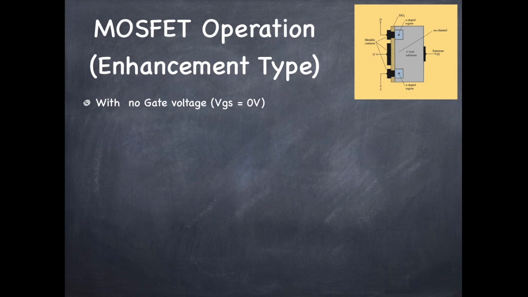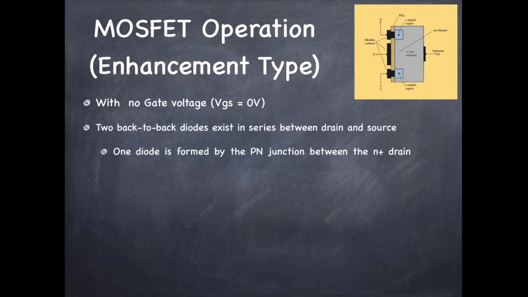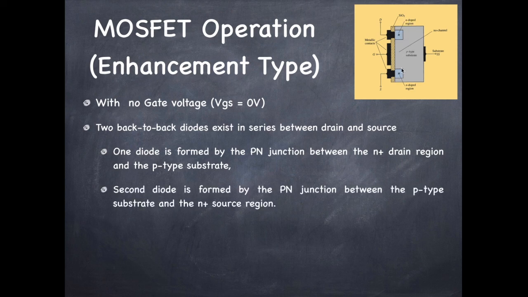With no gate voltage applied, we have two back-to-back diodes in series between drain and source. One diode is formed by PN junction between drain region and the substrate, and second diode is formed by the PN junction between substrate and the source region. So we basically have two diodes in series between drain and source as there is no channel.